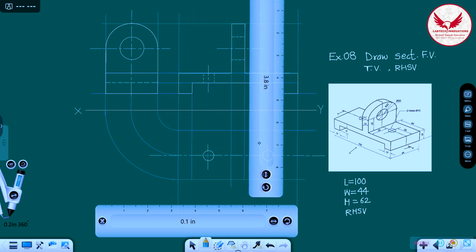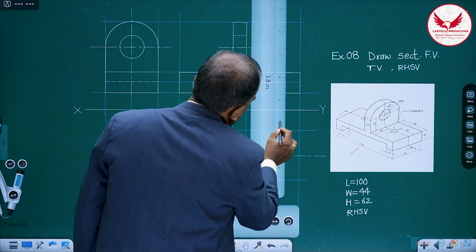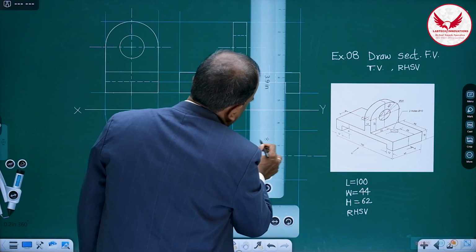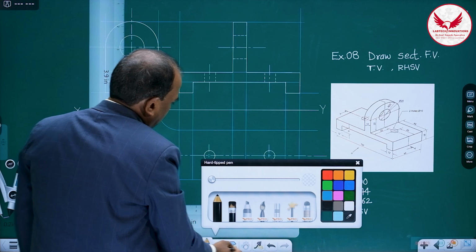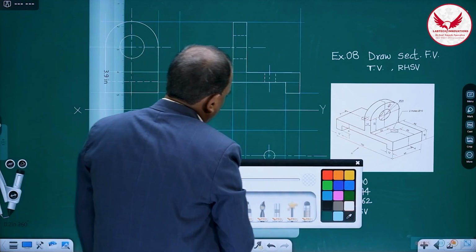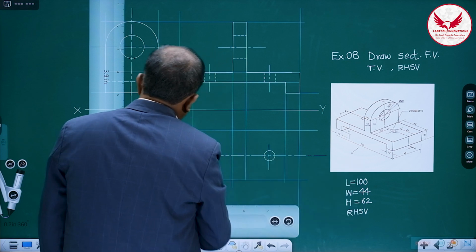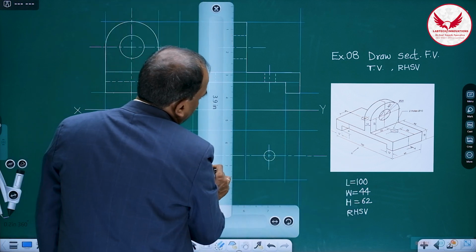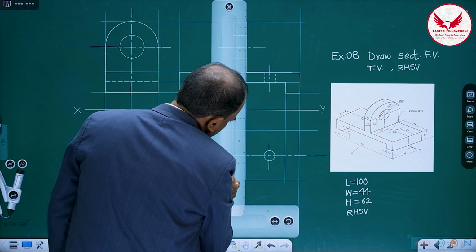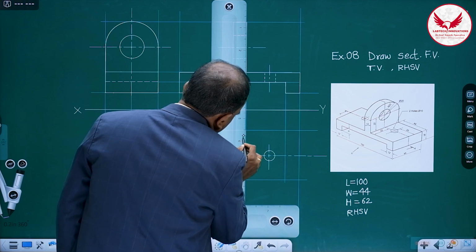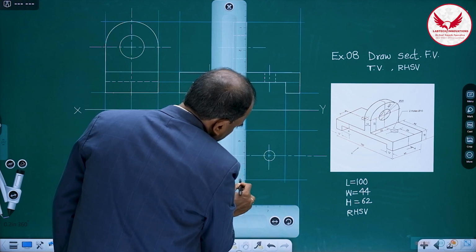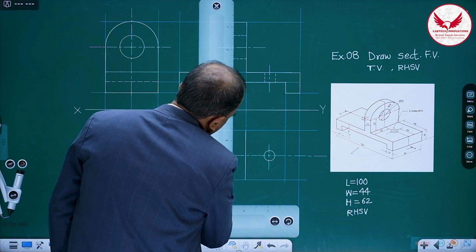It is going to be useful. Then in the top view, the most visible part is what? First, this semi-cylindrical portion, it will look like a rectangle.